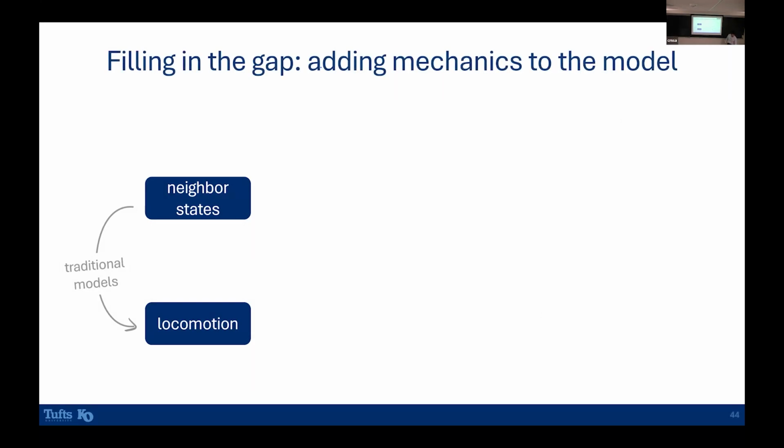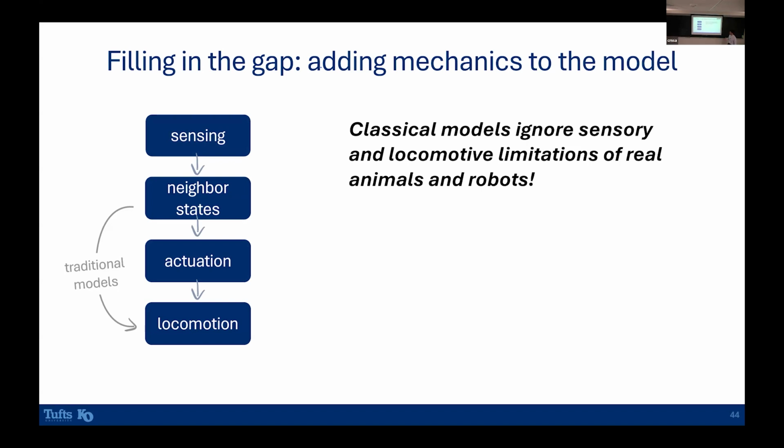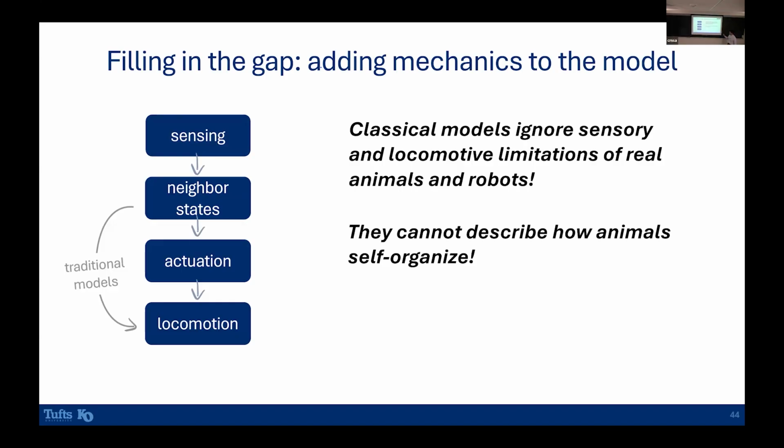In particular, this is important because both sensing and actuation are not something that's taken for granted for both biological organisms and robots. When you think about the fire ant example, and this happens for some of our robots too, fire ants actually cannot use the Vicsek model to self-organize because they cannot even sense each other, and they're also not very good swimmers.